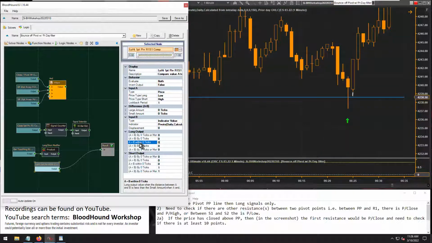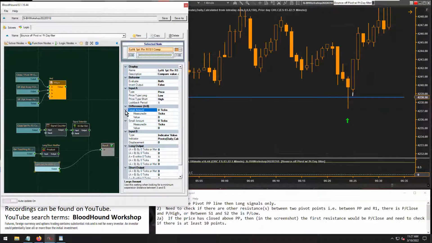Okay, so now we need to get our outputs correct. So we're going to use the A equals B right there. Like so. And sometimes the text doesn't update. All right, you'll see it's, oh, that's because I didn't update my differences. Sorry. Let's go set in our distances here.